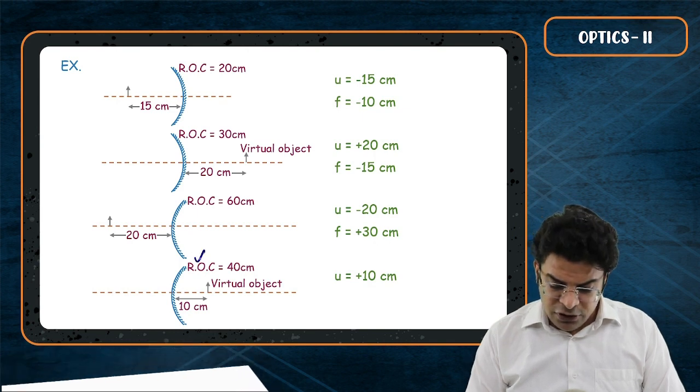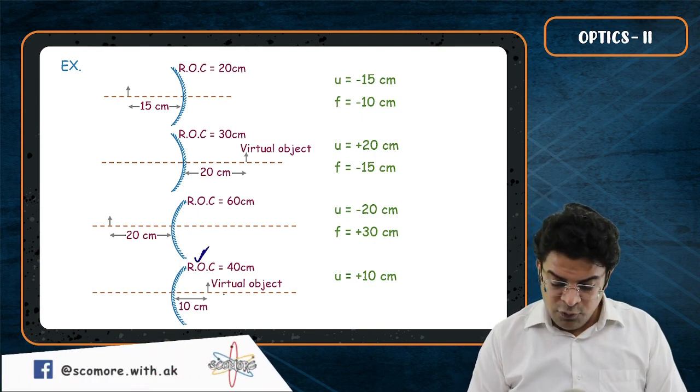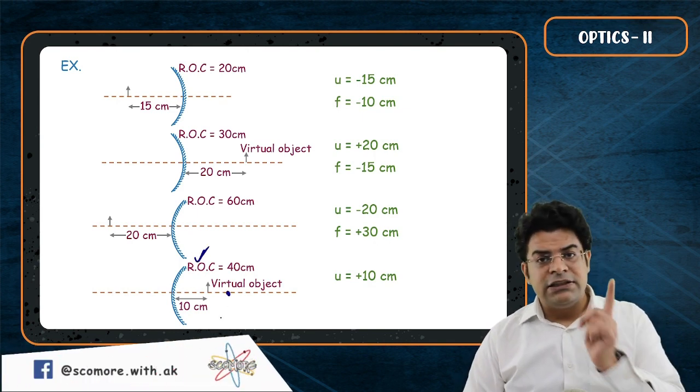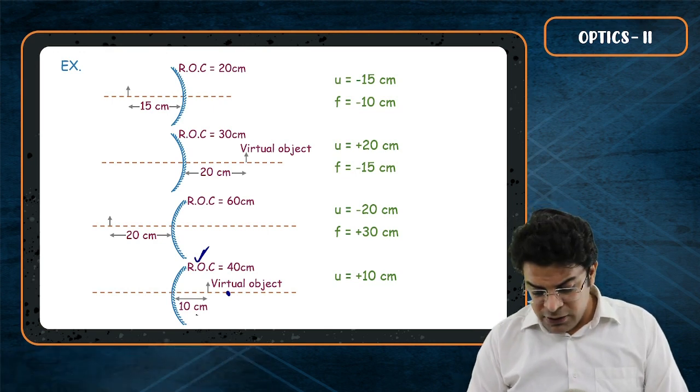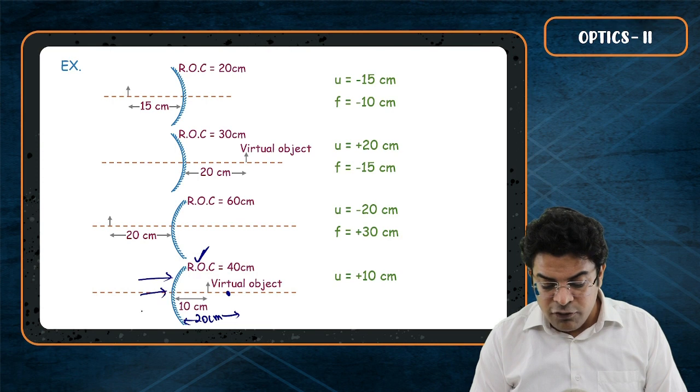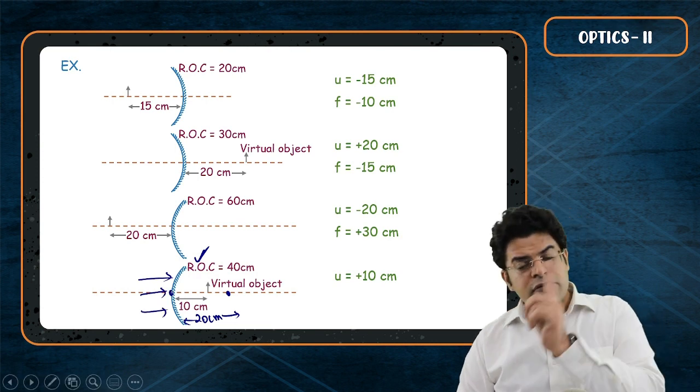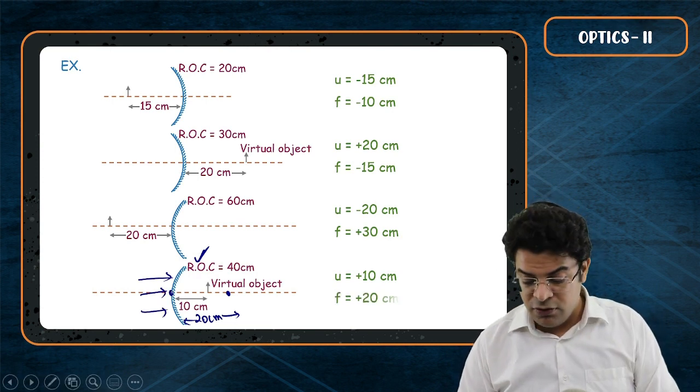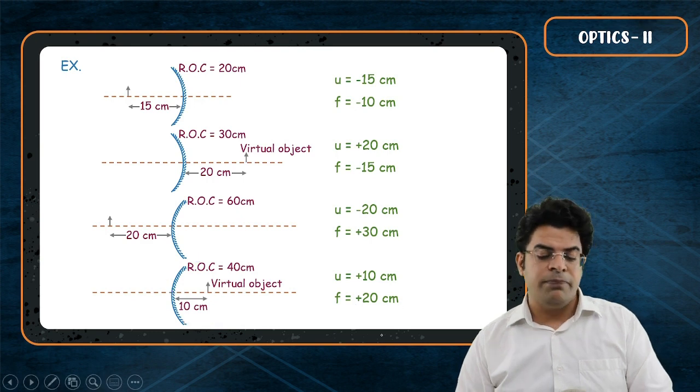And again, for this convex mirror, the focus will be at a distance R by 2. So it will be at a distance of 20 centimeter and you have to move in the direction of propagation of incident ray from the pole. So you will have to substitute the value of f as plus 20 centimeter.